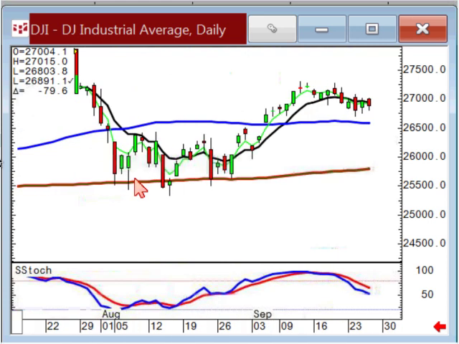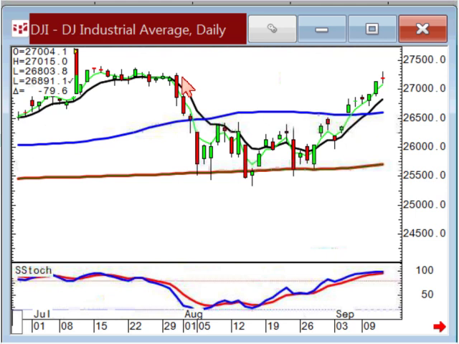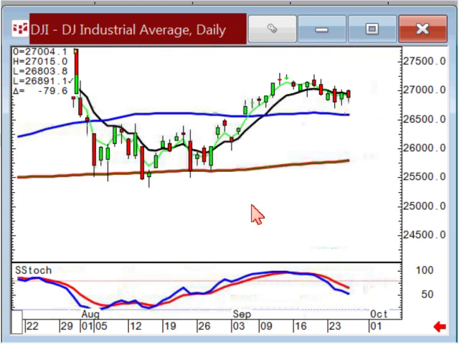When it gets up to a top, it moves sideways. Makes it very difficult to figure out whether to be long or short. Moves down. We can see when that happened. But then what happened? Not only did it move sideways, but it whipsawed something terrible. You couldn't do anything one way or the other. Now it moved back up. Now it's moving sideways. I have no idea which way it's going to go from here.